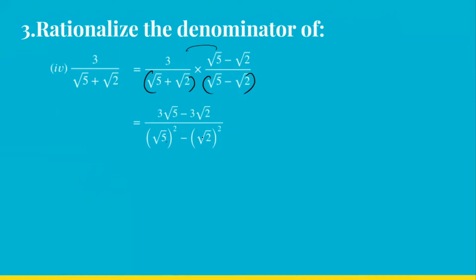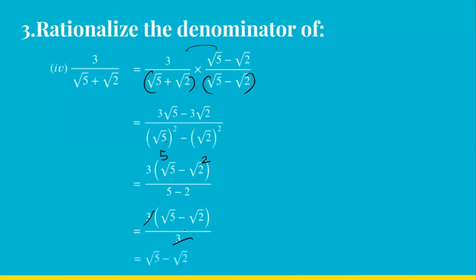Root 5 square is 5. Root 2 square is 2. So 5 minus 2, the denominator is going to be 3. And this is how we have rationalized the denominator. Take 3 common from the numerator: 3 (root 5 minus root 2) upon 3. This 3 and 3 can be simplified. Finally, our answer is root 5 minus root 2. So the denominator is 1 now. Right? So we have rationalized it.